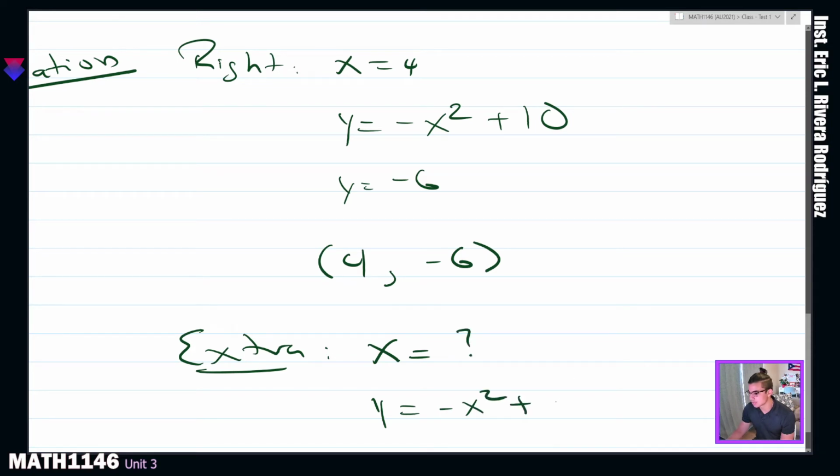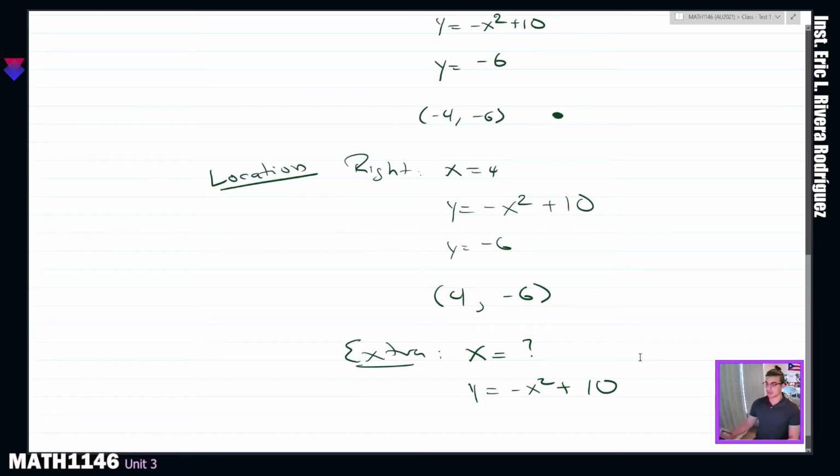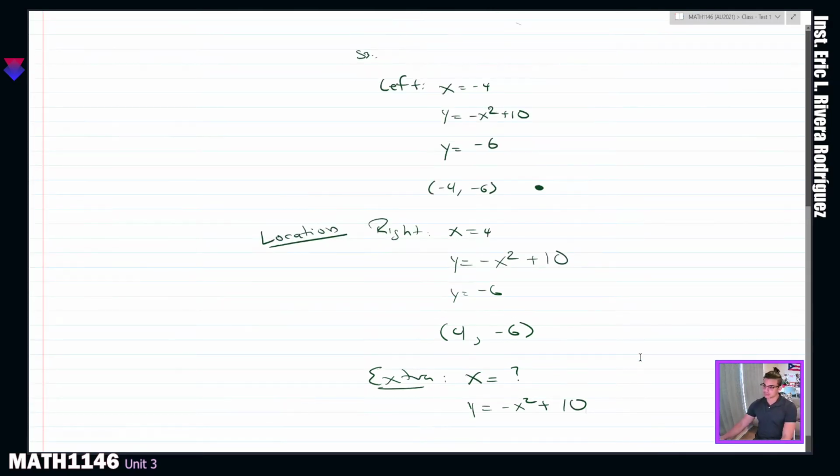What do you think is going to be that value? So we need one more point. That means that we need to select one more value for x.